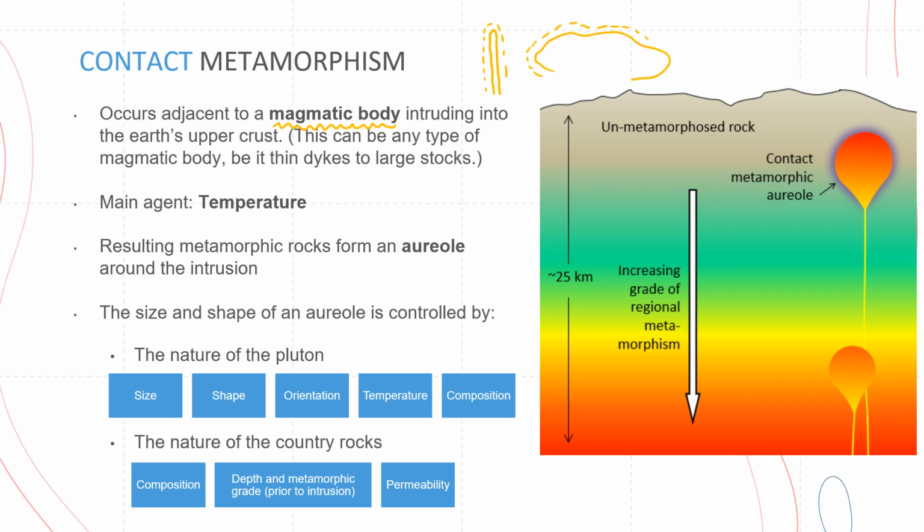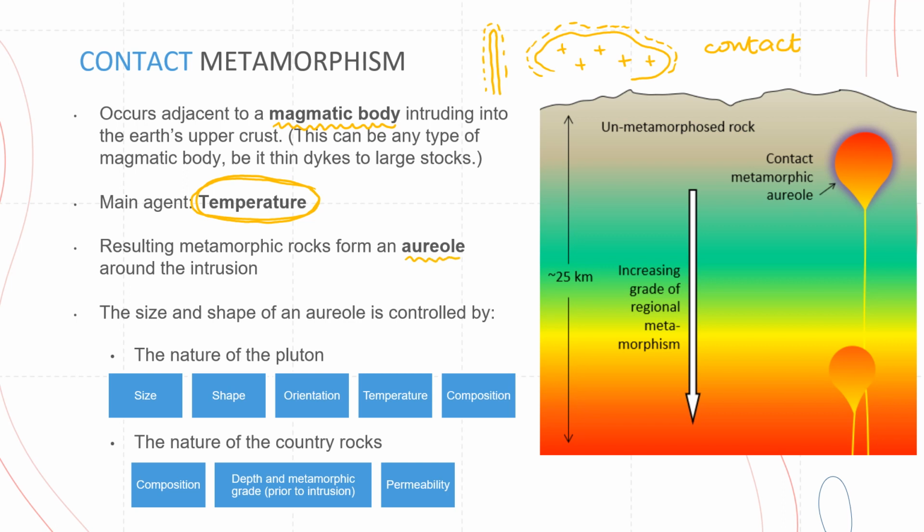So basically, any rock that comes into contact with a hot magmatic body. This is where contact metamorphism happens. And as you may recall, the main agent for this would be temperature. So the resulting metamorphic rocks would form something called an aureole around the intrusion.